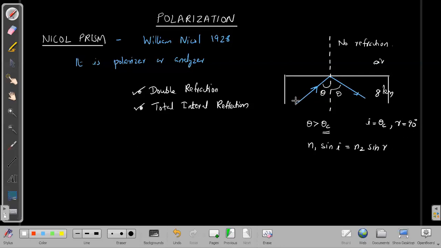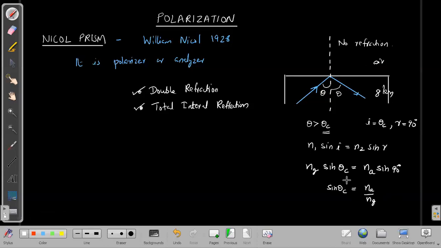Okay, now here the first medium is glass, so n1 I can write as ng, the refractive index of glass, into sine the angle of incidence theta c, becomes the refractive index of air, because second medium is air, into sine 90 degree. And what is sine 90 degree? This one. So therefore, the expression for the critical angle is given by sine theta c equal to na by ng.